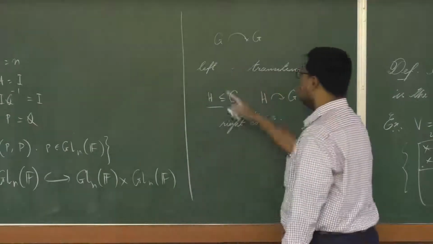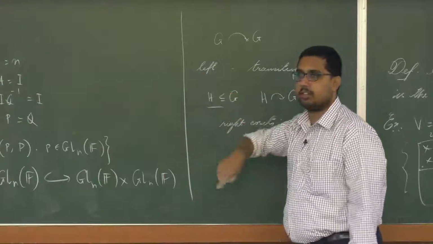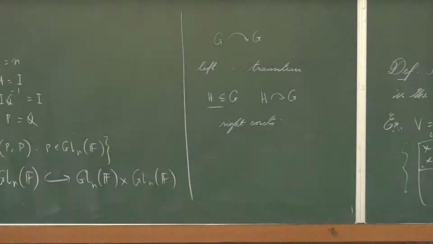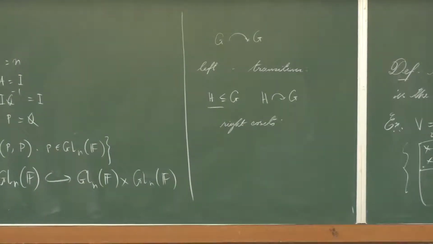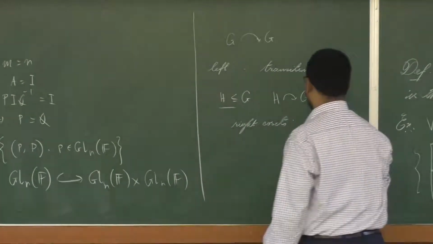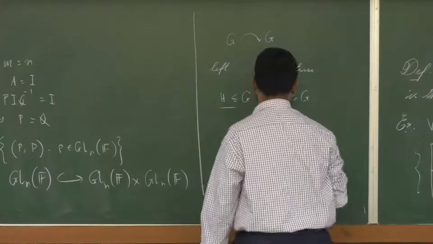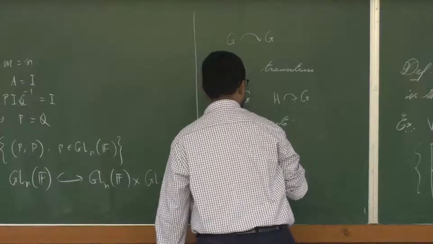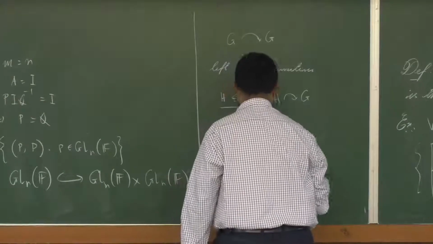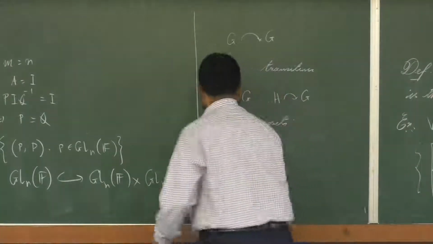Similarly, if we take the multiplication from the right instead of left, the orbits would be the left cosets, and it is also quite easy to see that the stabilizers are trivial, because h a = a means h has to be the identity. So stabilizers are here also trivial.